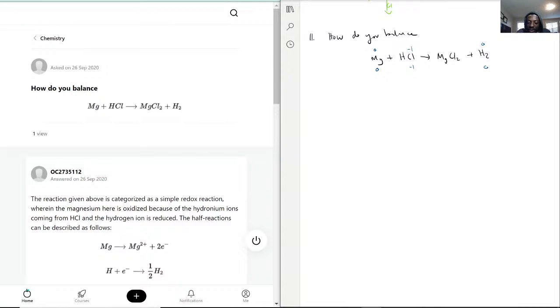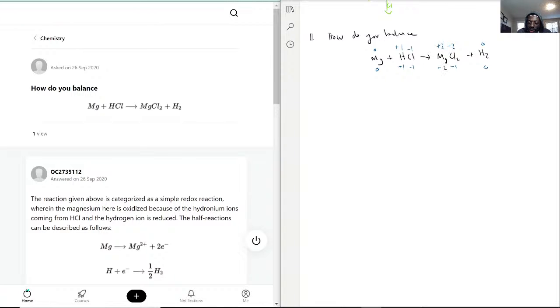That means that hydrogen has to accommodate for that, and hydrogen is typically +1 when bonded to anything. Same thing here, the halogen is -1, and that means there's 2 minuses, so magnesium has to make up for it by being +2.